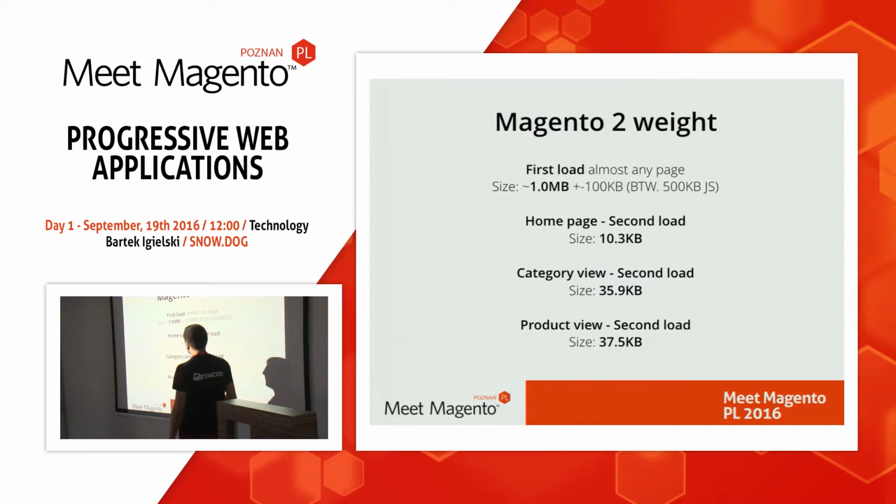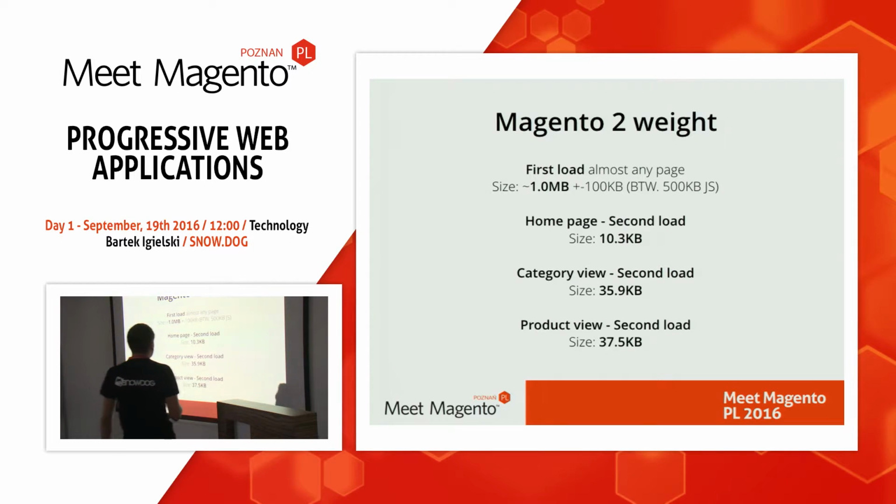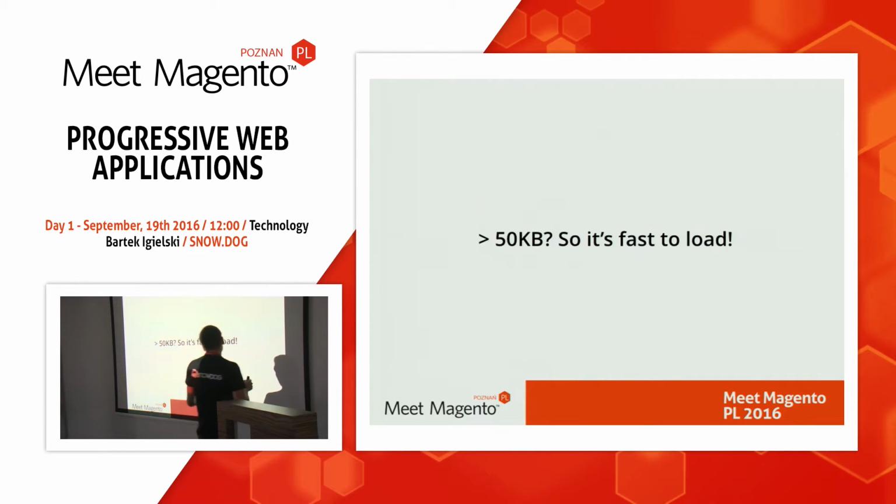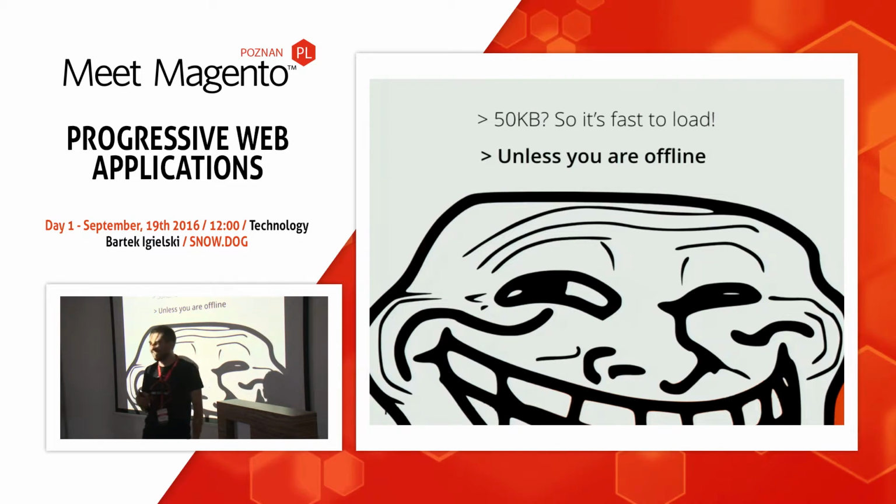But when we check the second load sizes, it's pretty low. It's about 10, 35, 57, but I checked many pages and it was always below 50K. So you might think that 50 kilobytes is so fast to load, but no. There is the question of how to load the 50 kilobytes when you are offline or your connection tries to do something weird.